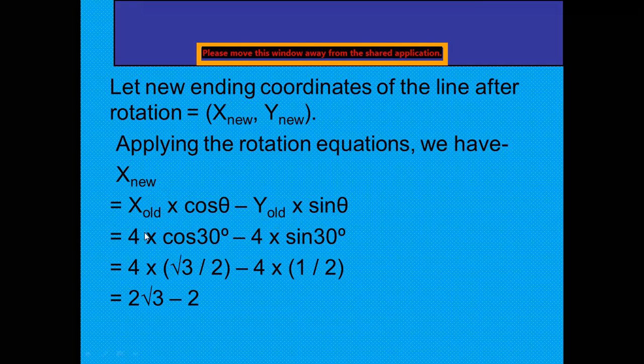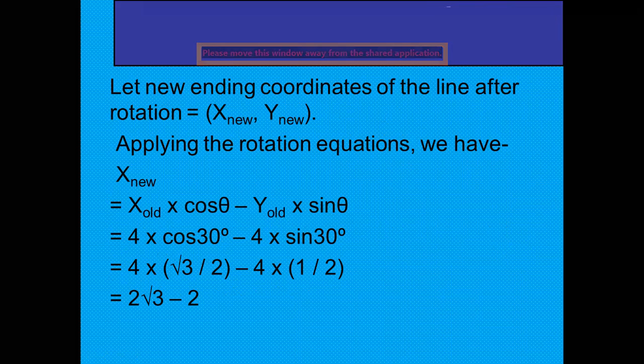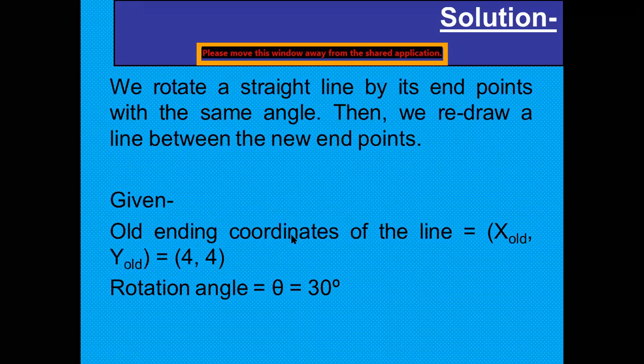Now we will put in the values. Here x old is already given as 4. So we put x old here: 4 times cos theta, cos 30, minus y old, which is already given in the problem as 4, times sin theta, sin 30.